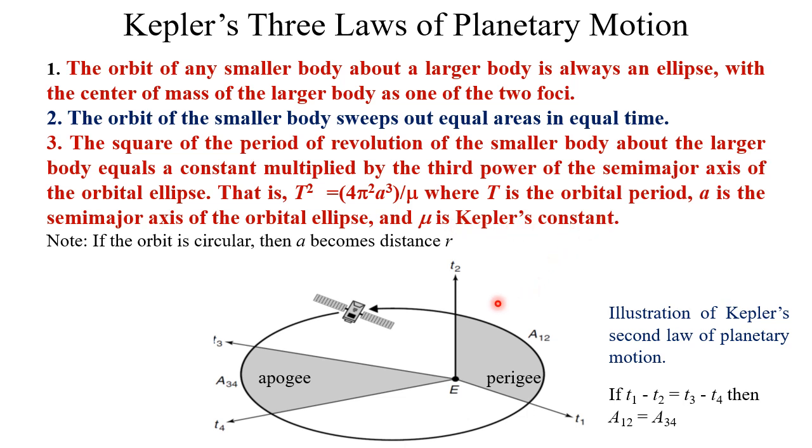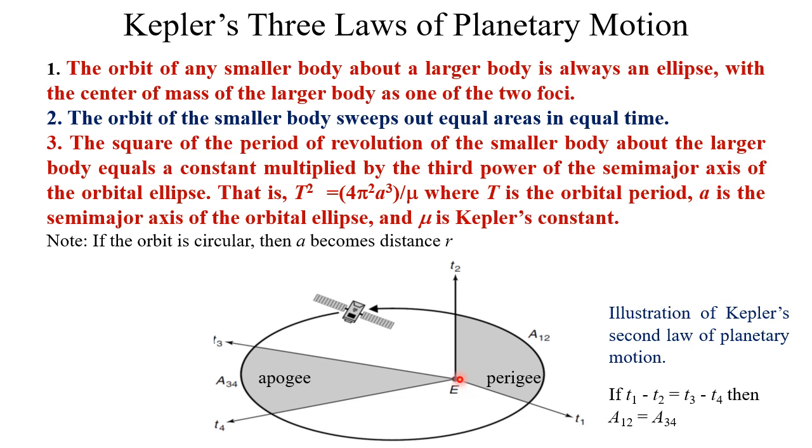Now if we consider this ellipse as the orbit of the satellite, then the Earth must be placed at one of the foci of this particular ellipse.